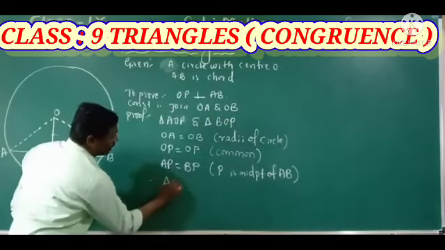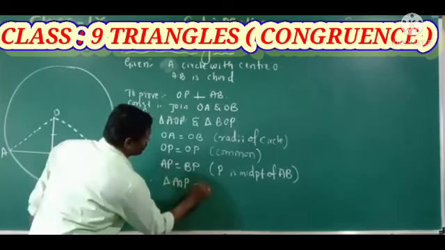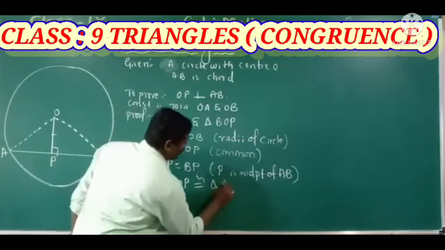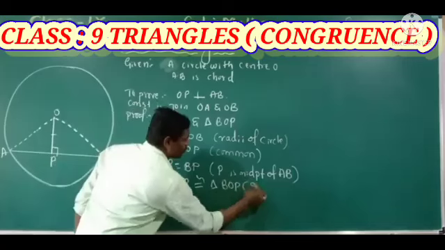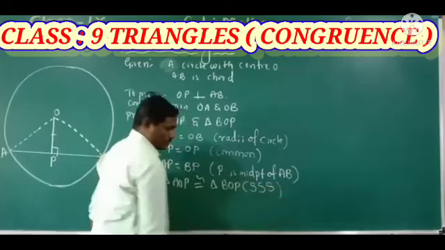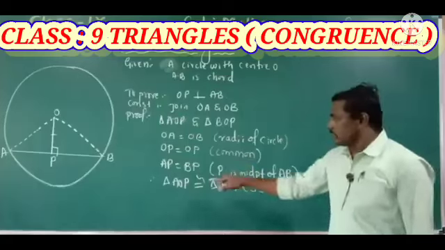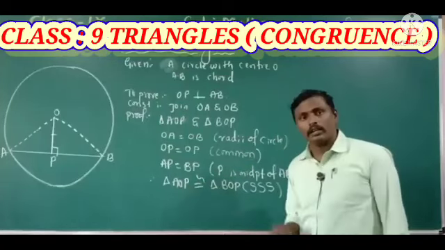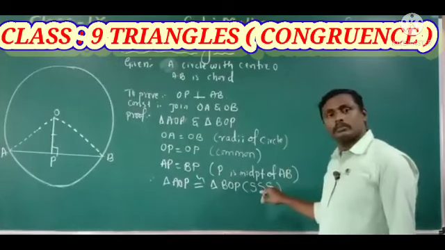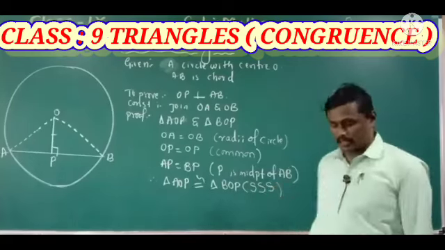Therefore, triangle AOP is congruent to triangle BOP by using the congruence criteria SSS. Here we are taking three sides, that's why the two triangles are congruent by SSS criteria.